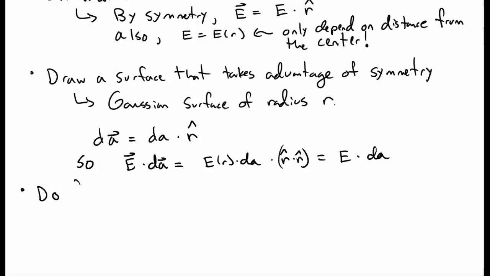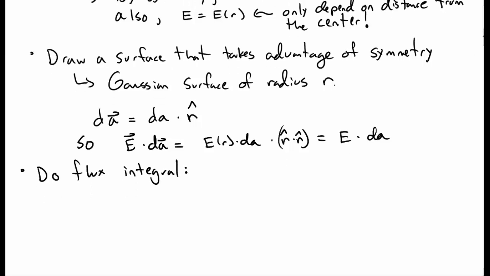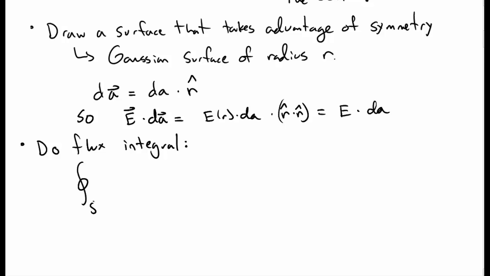So once we've done that, now we can actually evaluate our flux integral. We can get pretty far on this because we have the integral over the closed surface of E dot dA. And note that this surface S is our Gaussian surface, not the surface of our charge.